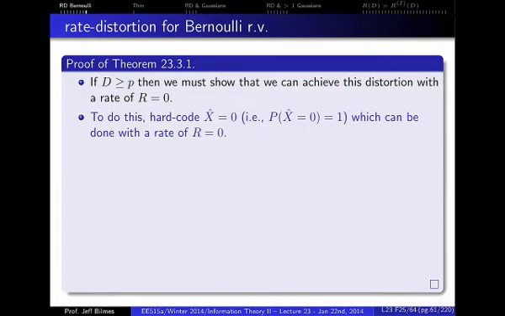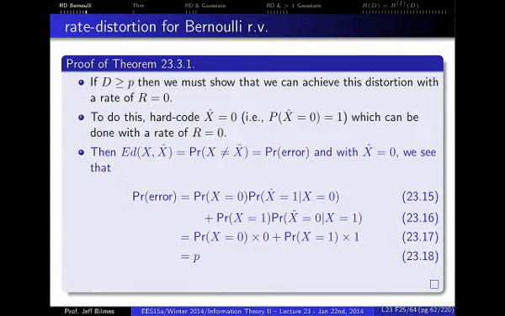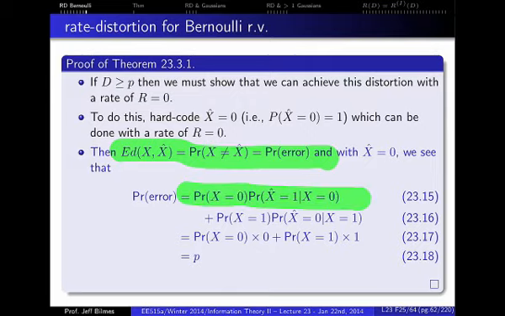We need to make sure that our distortion is equal to p. The distortion is the expected distortion here, which is really just the probability of error. And the probability of error is the probability of x equal to 0 times P of x hat equal to 1 given x equal to 0, plus this.